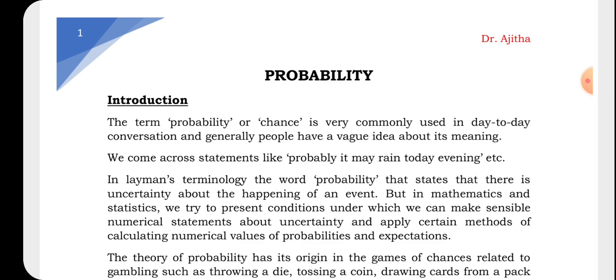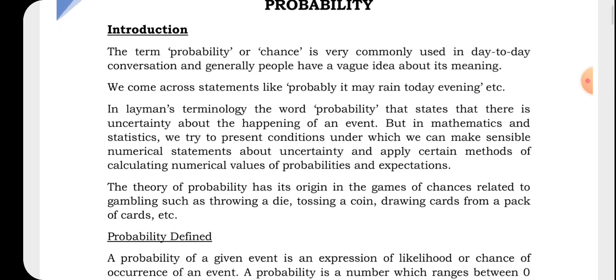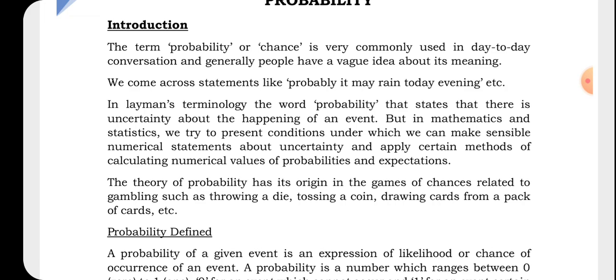A layman gives statements like, probably it may rain today or tomorrow, describing weather conditions. Generally, people give such statements on the basis of some certainty or uncertainty. But in statistics, we assign a value for every event.